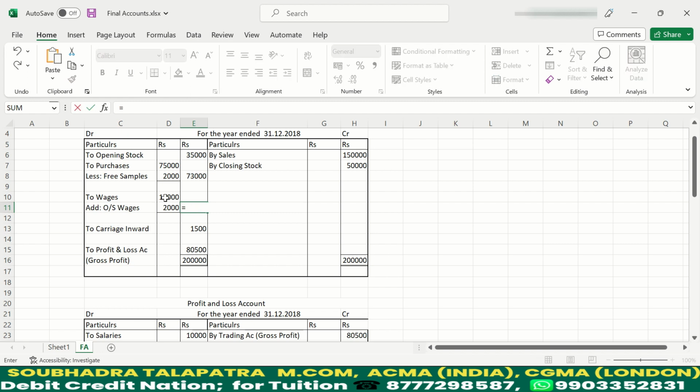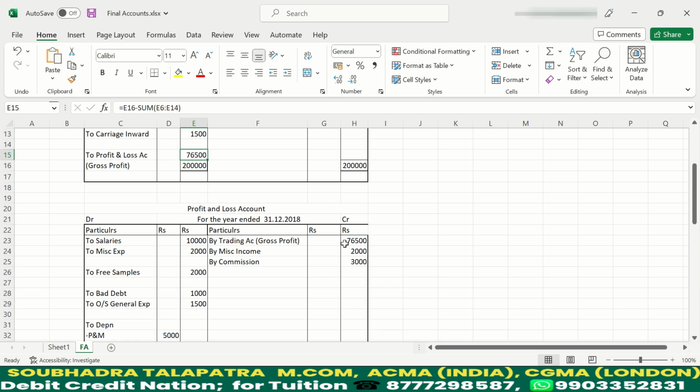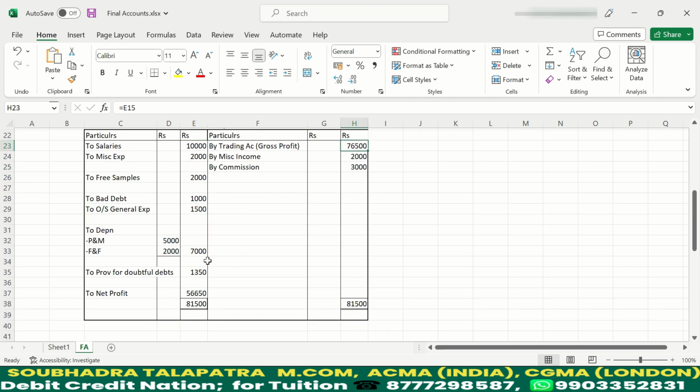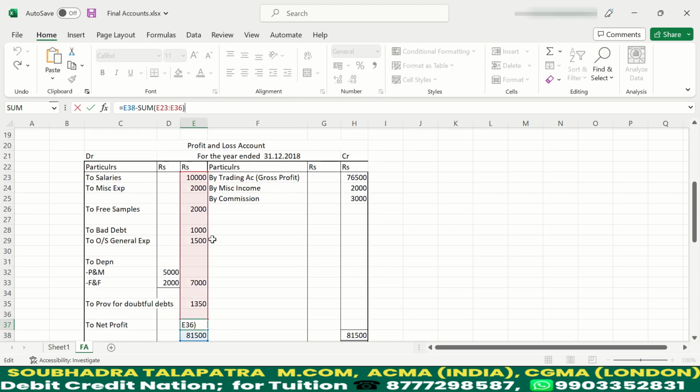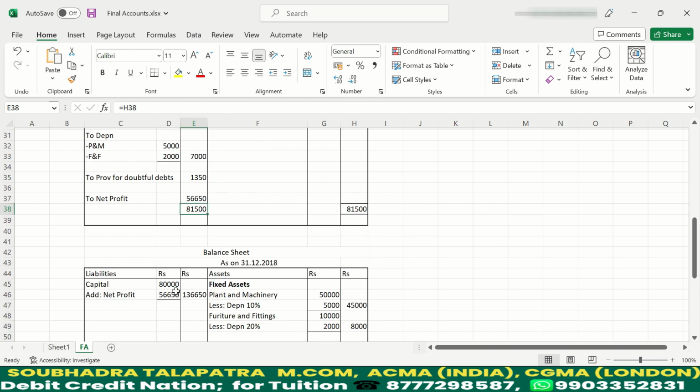So equal to 12,000 plus 2,000. Okay, so this is my final gross profit. Now this 76,500 will be carried over here, and from here, since I have a formula, it will find out the net profit. So my net profit is 56,650. The same net profit will appear here and it will be added.